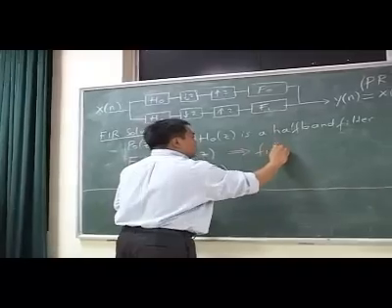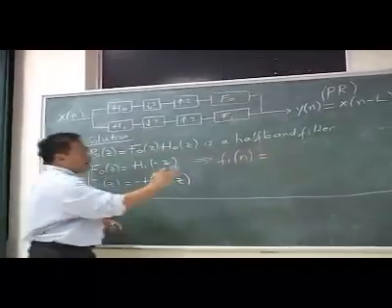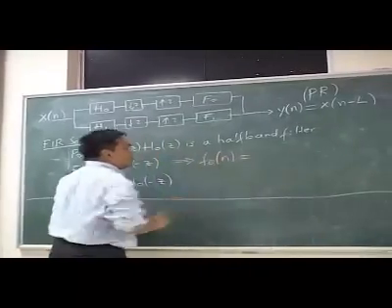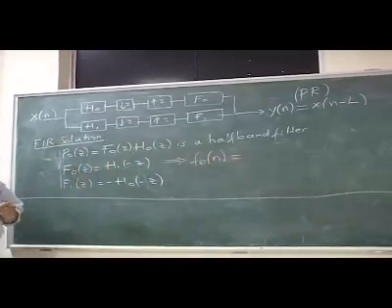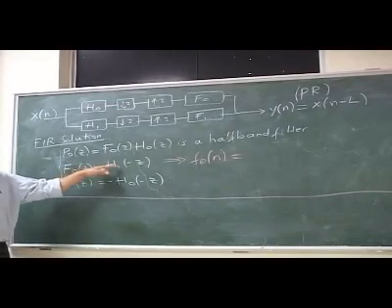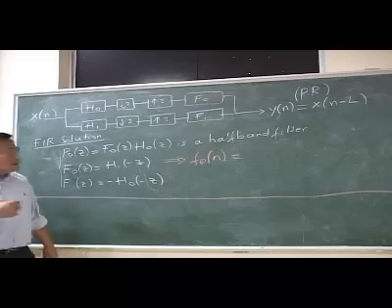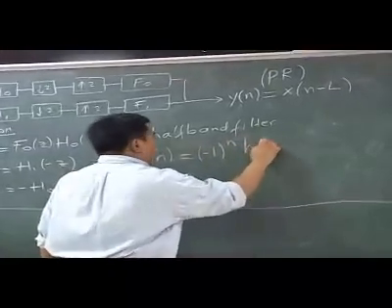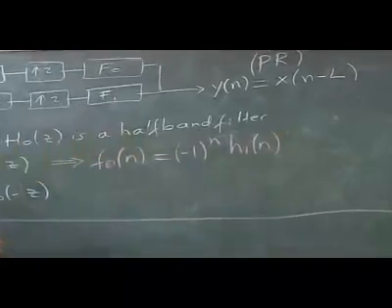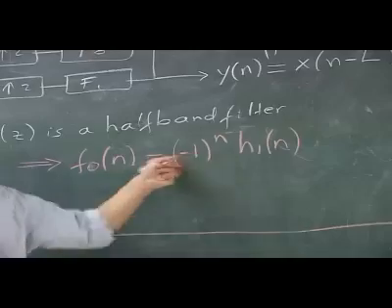If you look at this, what is f1 of n equal to? I'm sorry, f0. This is how we relate it in the frequency domain, or z domain. What is it in the time domain? Minus 1 to the n h1 of n. So if I know h1, I can find f0, and vice versa.